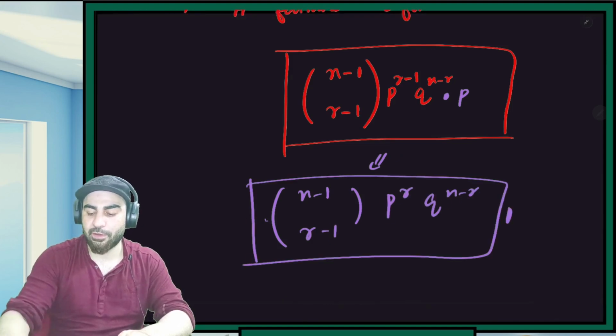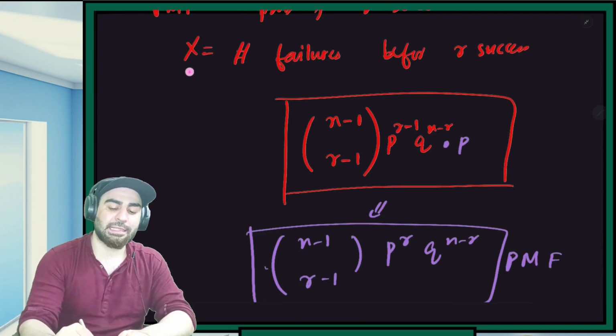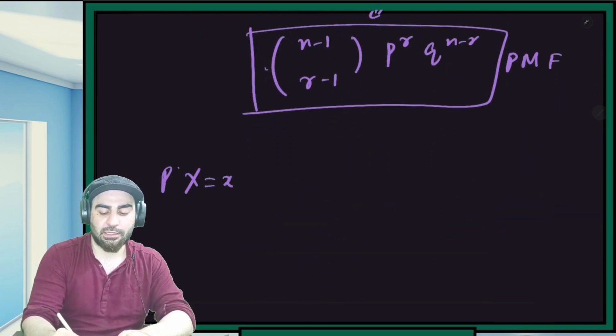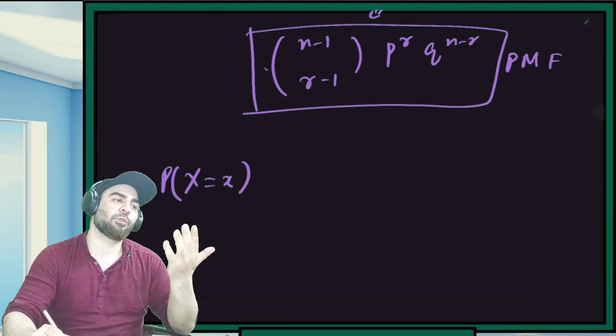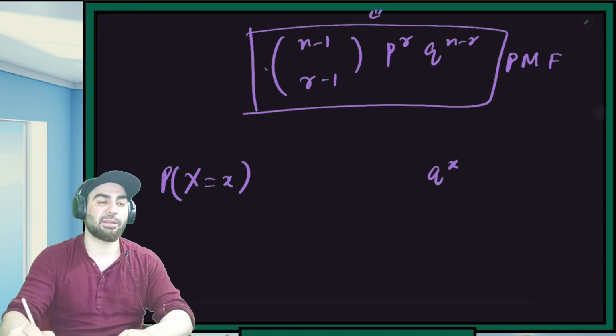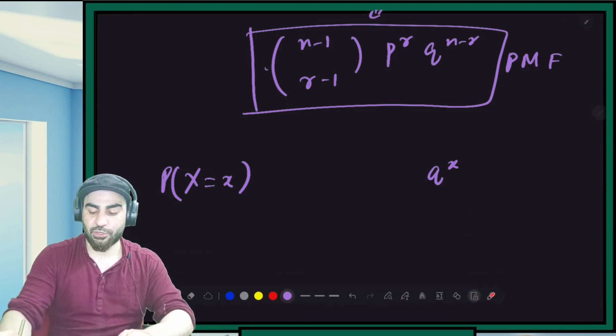If I write it in terms of a random variable, I said X is the number of failures before the rth success. So X can take value x. Basically, I should get x failures before I get r successes. X failures means I should get q to the power x. How many successes? r successes, so p to the power r.